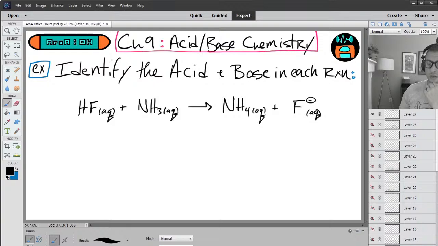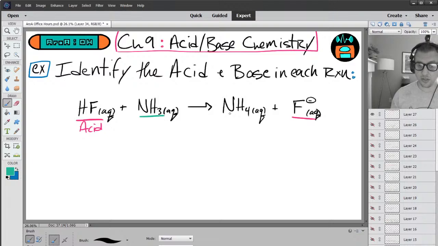When you look at HF, HF becomes F minus. It has clearly donated H plus. It's lost a hydrogen, it's lost a positive charge, which makes HF the acid.